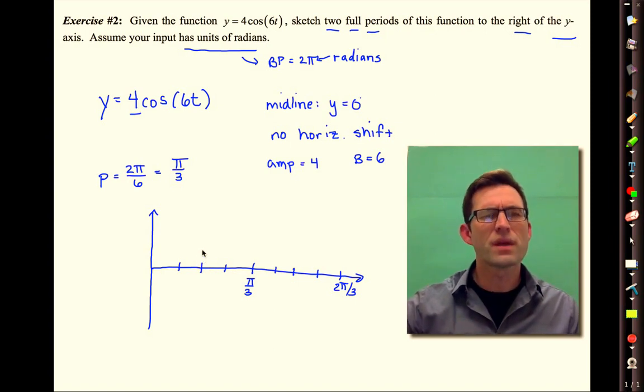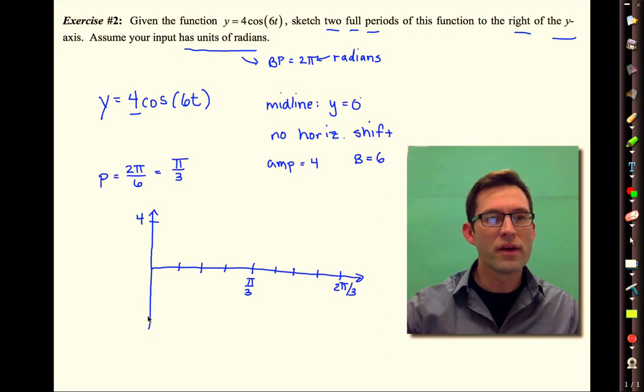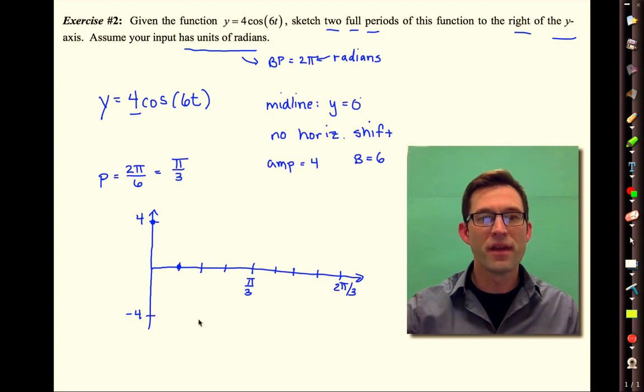Cosine starts at its maximum, unlike sine, which starts at its midline. So I know it's going to be at its maximum at this point. A quarter of the way through, it will be at its midline. Halfway through, it'll be at its minimum. 3/4 back to the midline, and then back to the max.